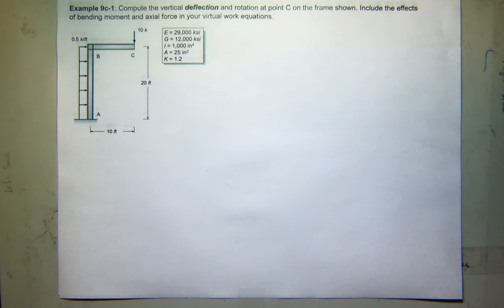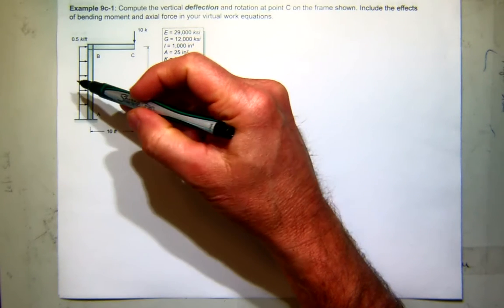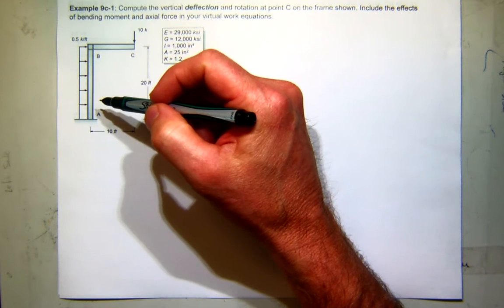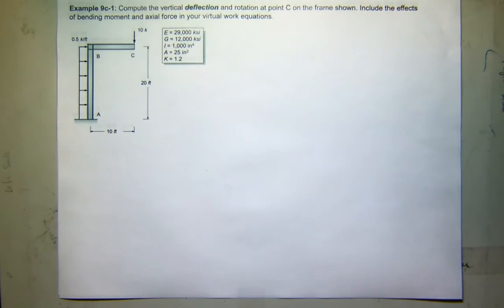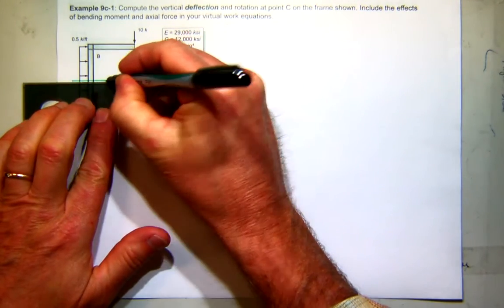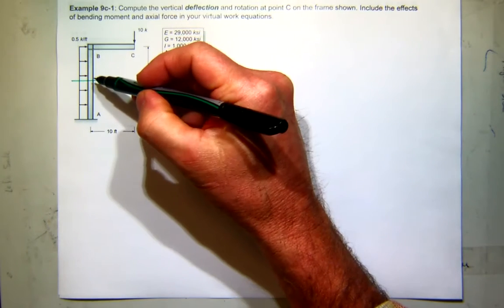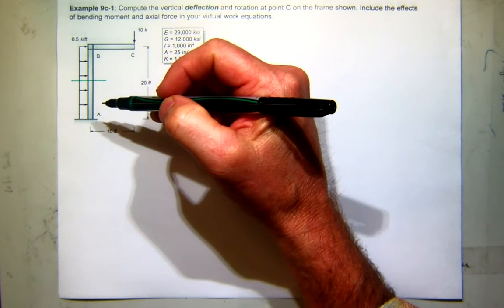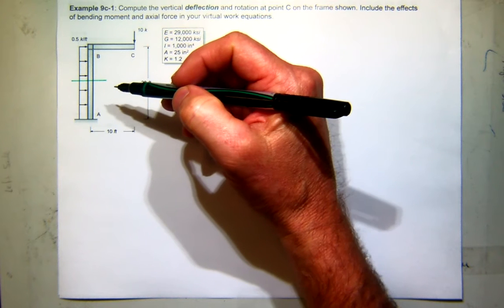So let's start first with, I'm going to cut this structure somewhere here between A and B. What side are we going to look at? We're going to look at this side, say the upper side, or the lower side? Lower. Everybody want to do the lower side? Yep.